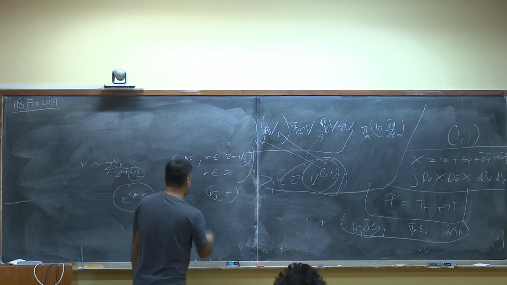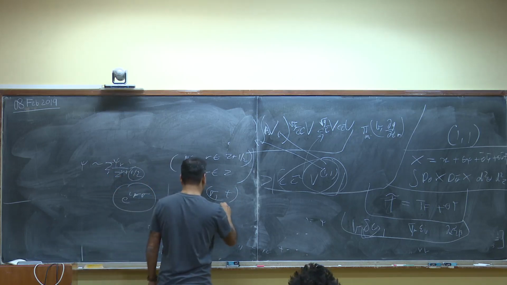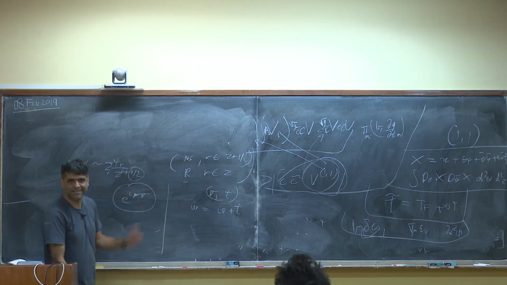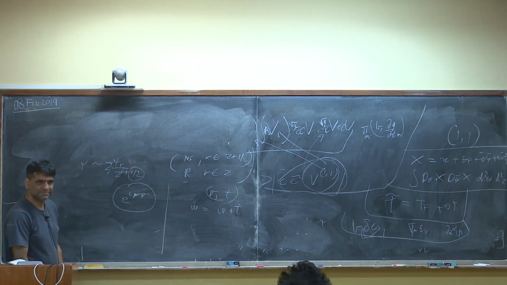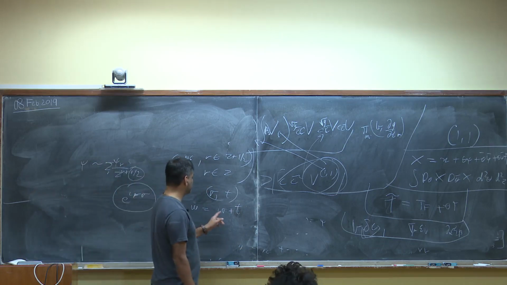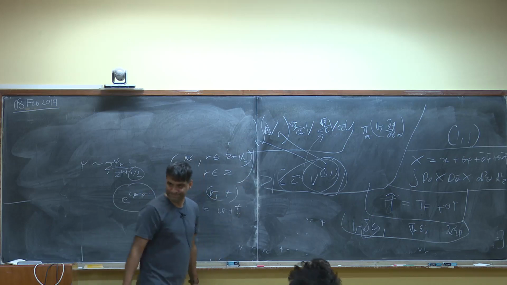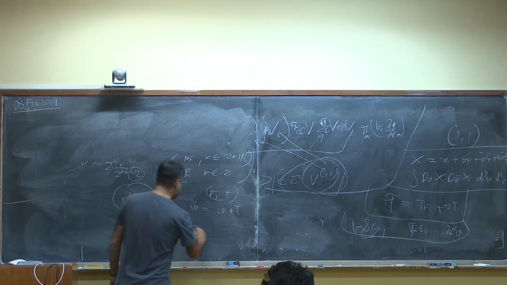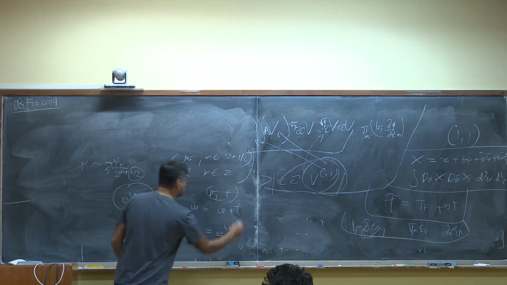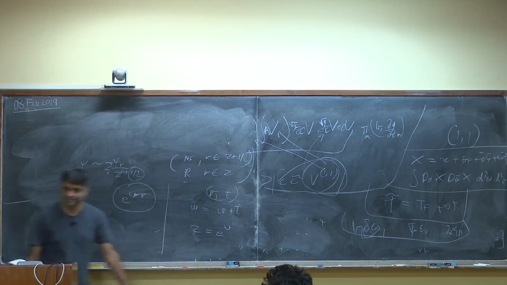Then we define W to be i sigma plus t, I can't remember if this was our definition, but let's say it is, in the Euclidean space of the cylinder. And then Z was equal to e to the power W.